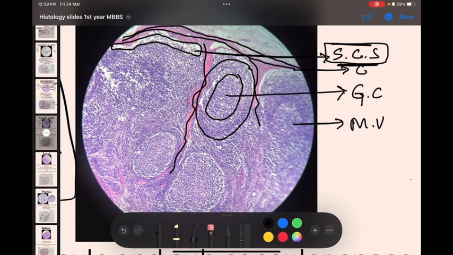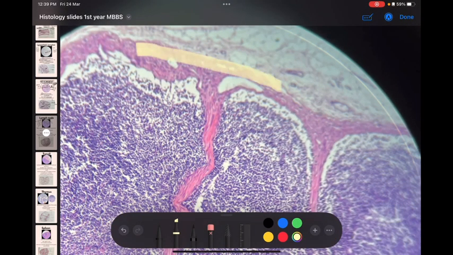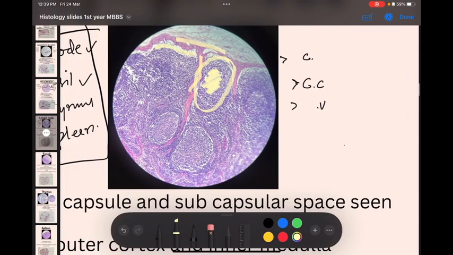Capsule, subcapsular space, trabeculae, and then lymphoid follicle, germinal center, right?